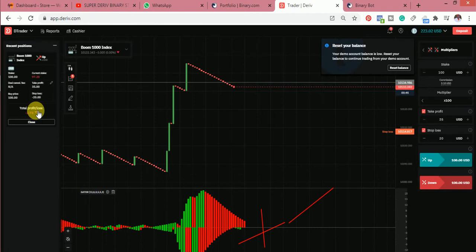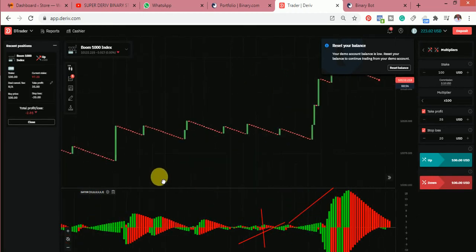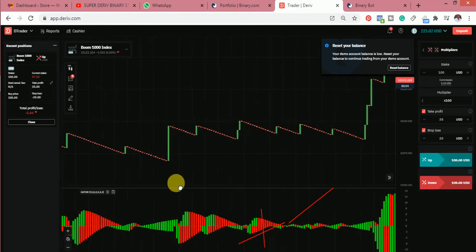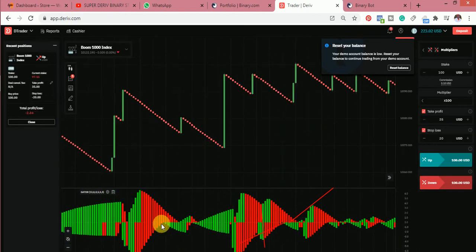So let's keep observing, and you can see here it's neatly overlapping. Most times it gets to this point.